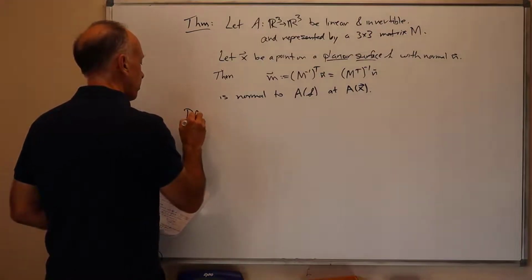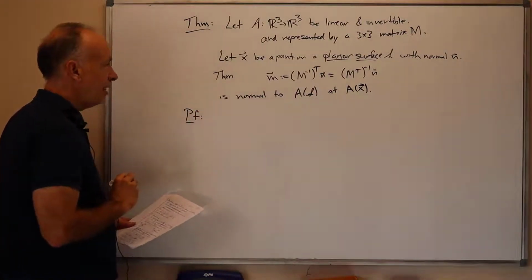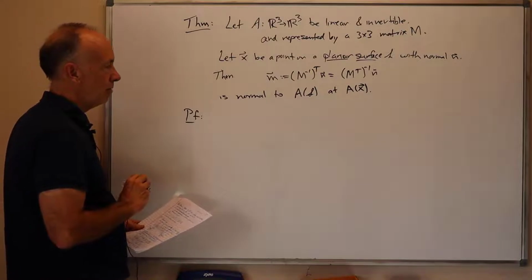So for the proof, we have this key property of normal vectors for surfaces.